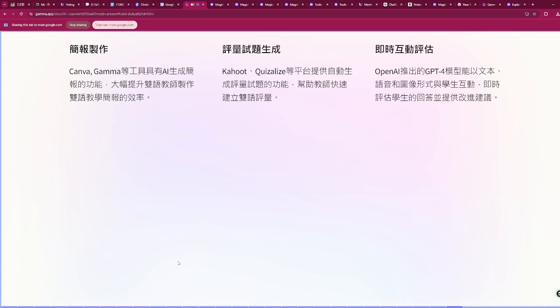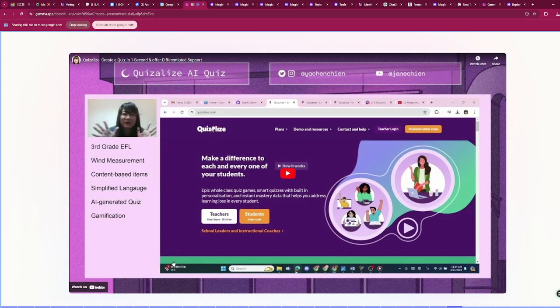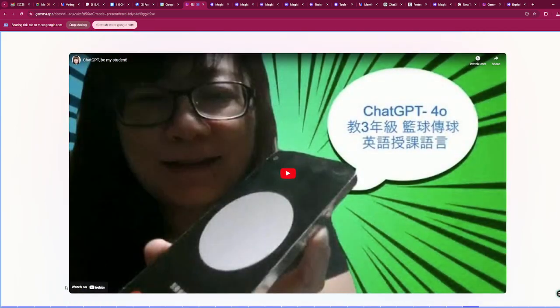So this is an introduction to Quizalize for AI generated quizzes with gamification style, but we don't have time to cover this. If you are interested, you could also see my slide on Gamma.